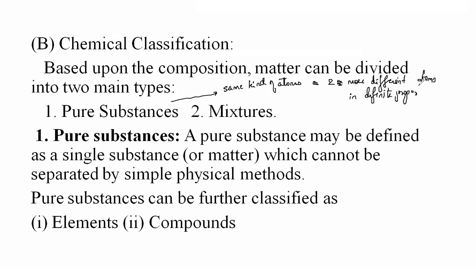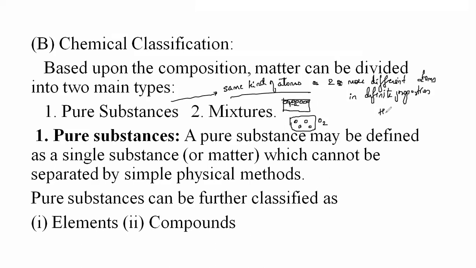Now, what does that mean? Pure substances are made of the same kind of atoms. If you take a piece of iron, you will have all iron atoms in it. Or is it like you will have some gold atoms in it? No. If you take a volume of oxygen gas, it will have all oxygen gas molecules in it. Yes or no? So it is made up of the same kind of atoms. Or it may be made up of two or more different atoms.